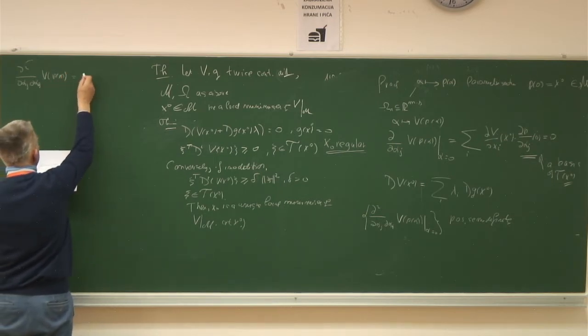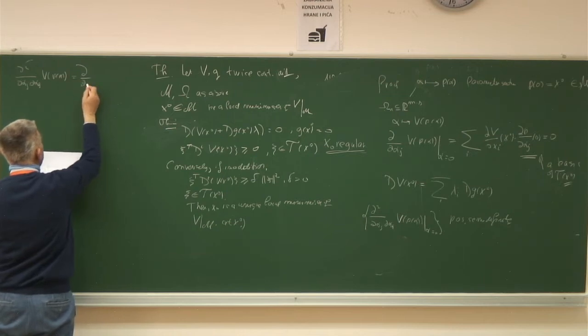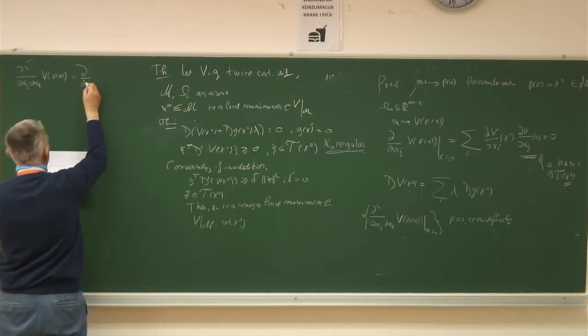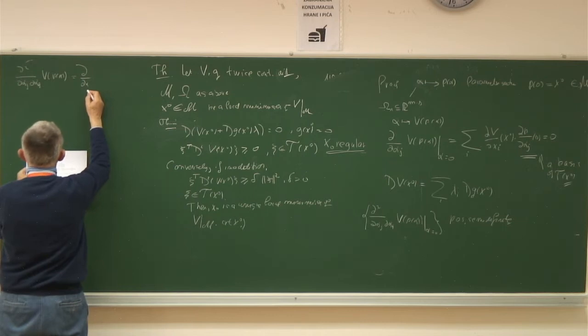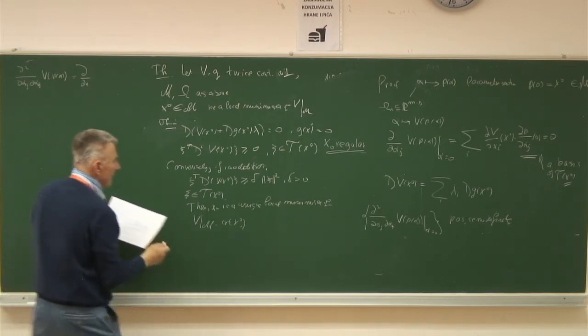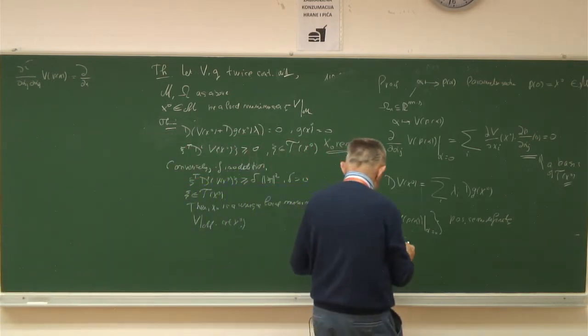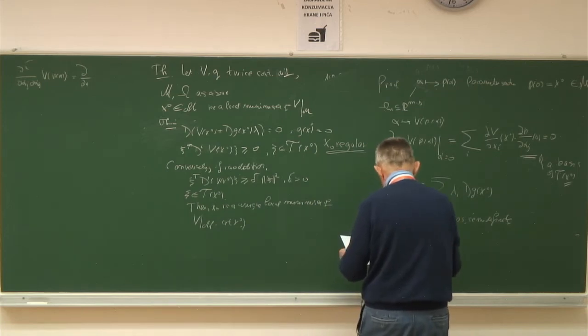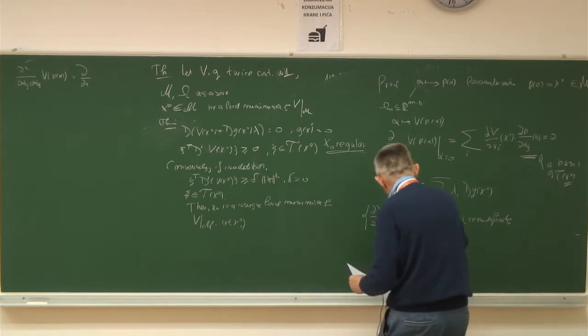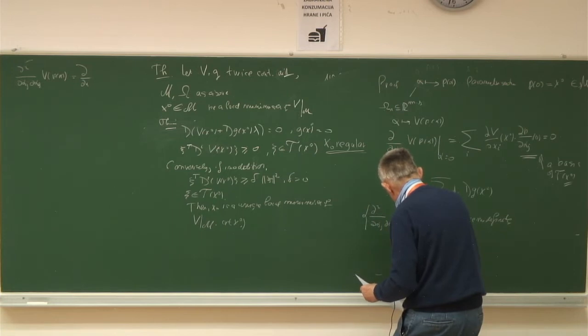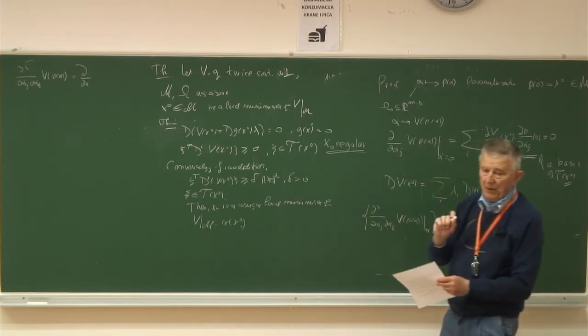It is equal to d over d alpha, excuse me, I changed the index here. Instead of k, I have an L here. Okay?